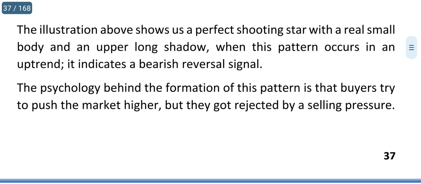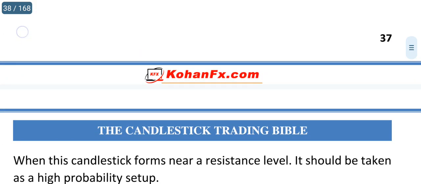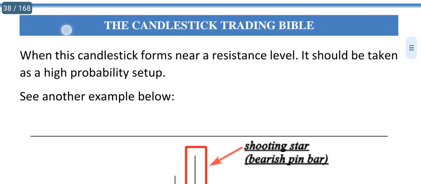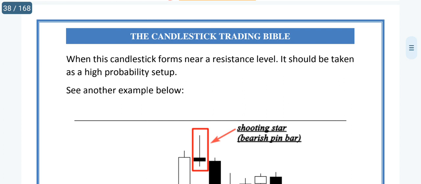I repeat, the physiology behind the shooting bar candlestick pattern is that the buyers try to push the market higher, but they are rejected by the selling pressure. And when this candlestick forms near the resistance level, it should be taken as a high profitability setup.